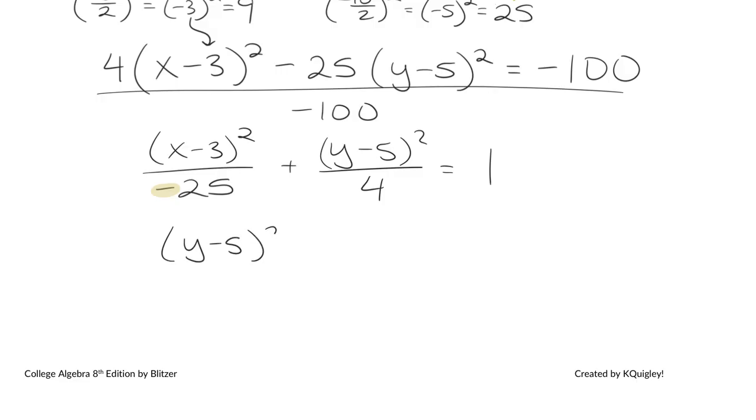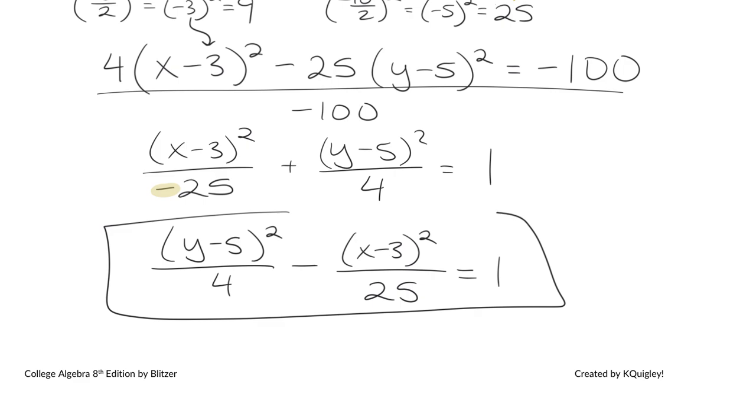So it's y minus 5 squared over 4 coming first, and then minus x minus 3 squared over 25 equal to 1. Now it looks like a hyperbola. So now the minus is in the center, and there's no negative denominator. I just reordered them so that it is in standard form.